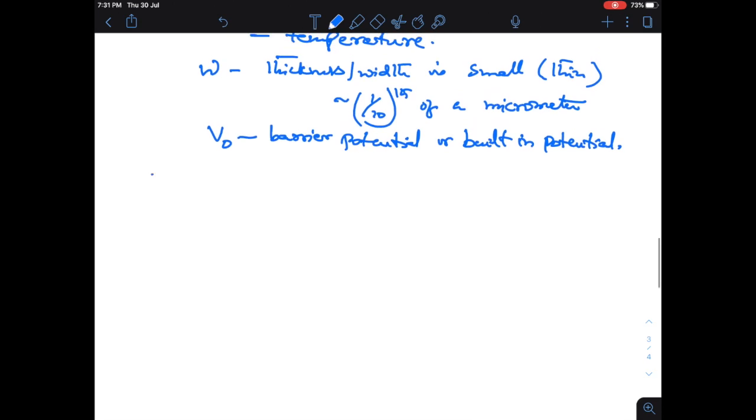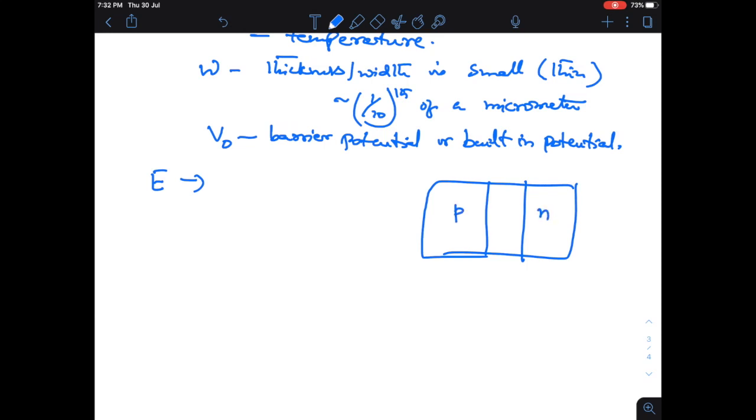Now, because of this electric field developed, which is directed from positive charge towards negative charge, what will happen? Due to this field, minority charge carriers will move on either side. In p type the minority charge carriers are electrons, and in n type they are holes.